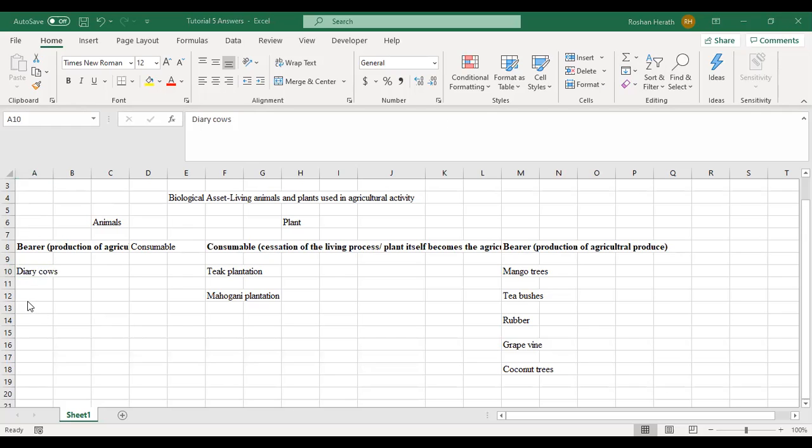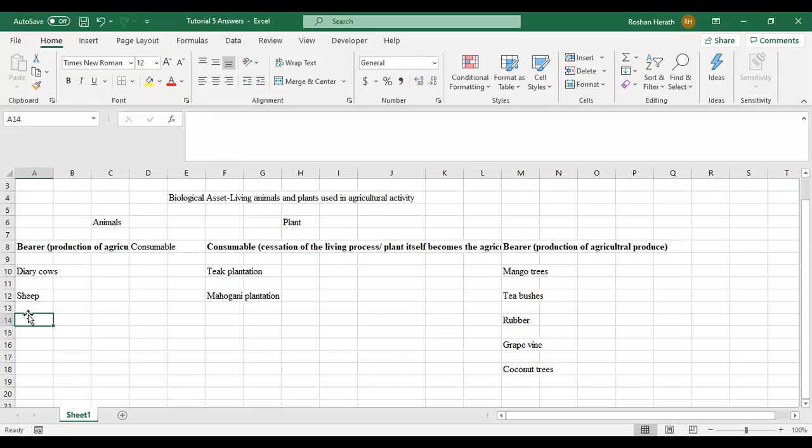How about sheep? That is for the purpose of yarn, right? I think we take the sheep. So that would be the case. Very correct. Sheep.